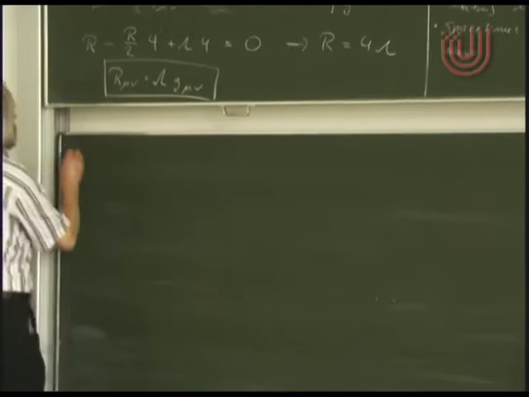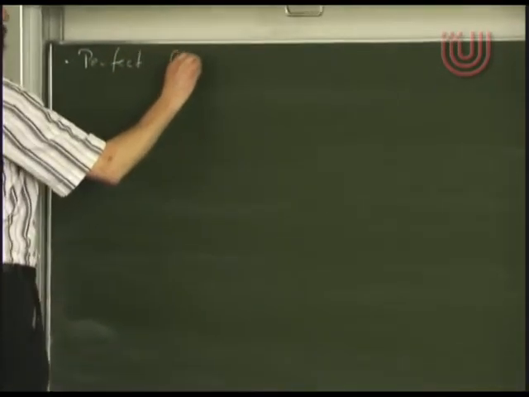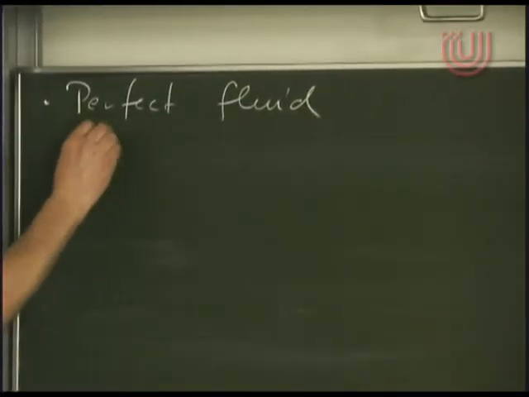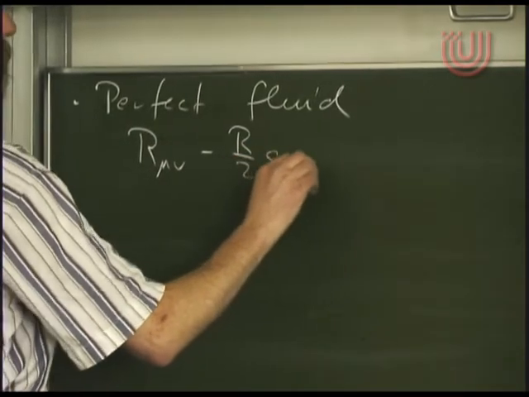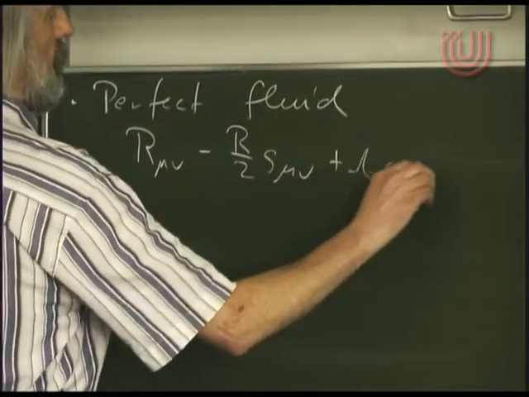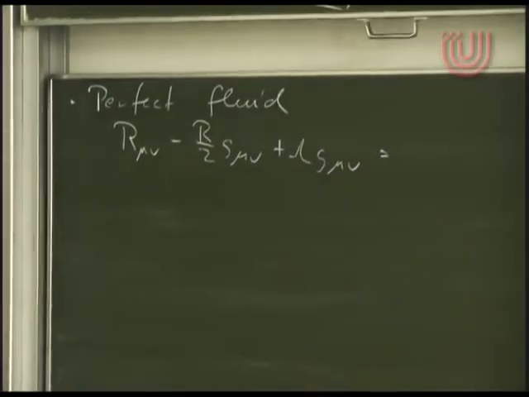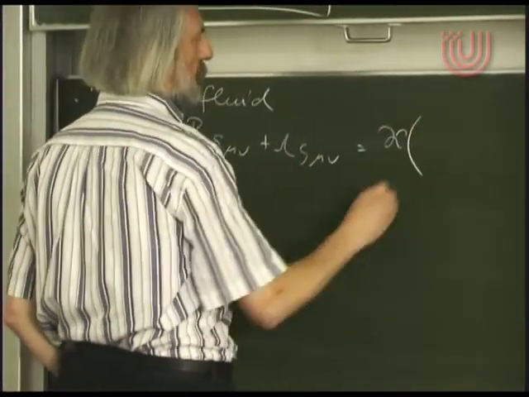Second example is a perfect fluid. That's a model which is very often used in general relativity. So then the field equation is the following: R mu nu minus R half g mu nu plus lambda g mu nu is the energy momentum tensor of a perfect fluid. We had it on the board. I have erased it.